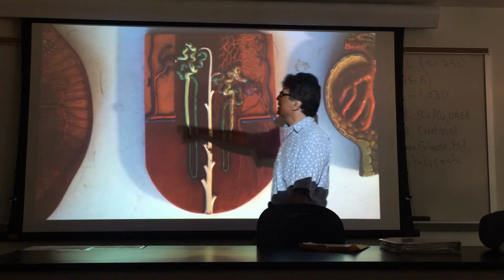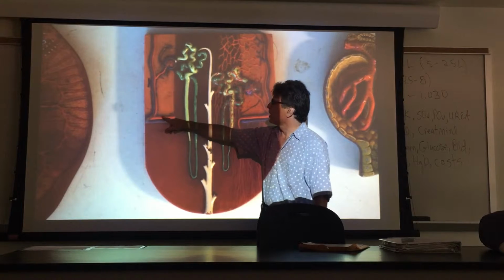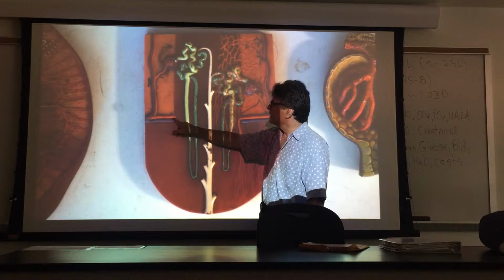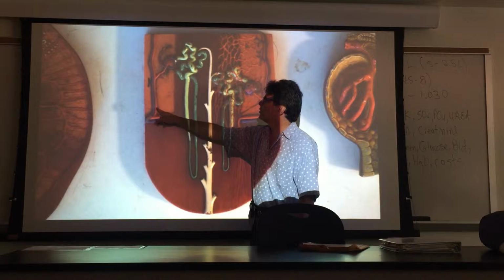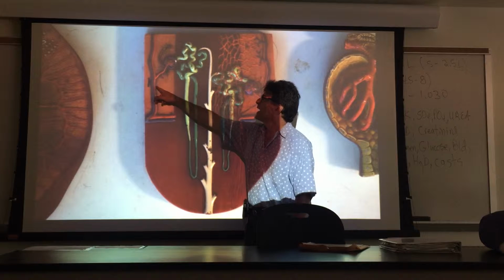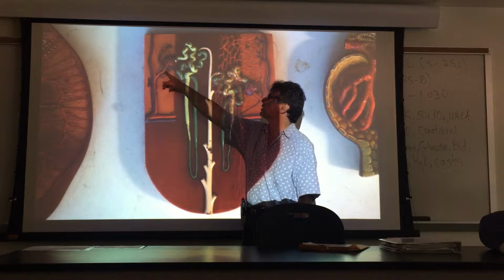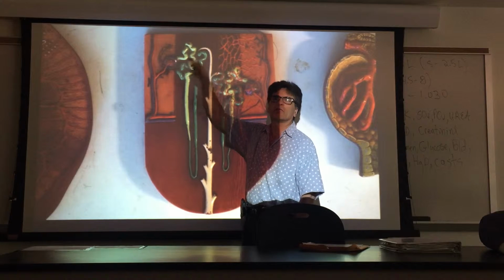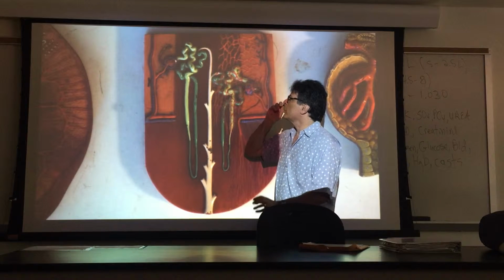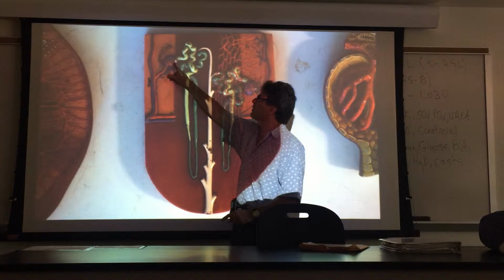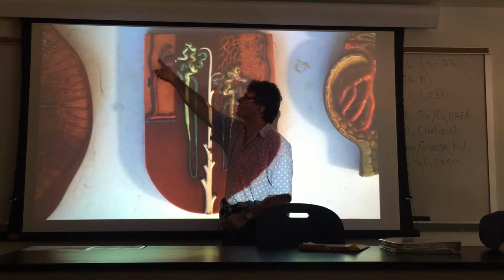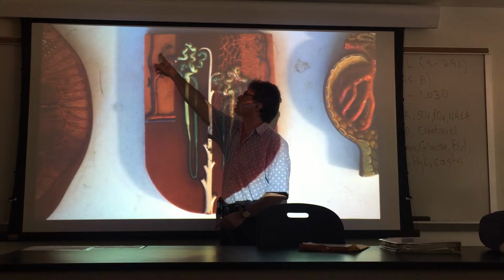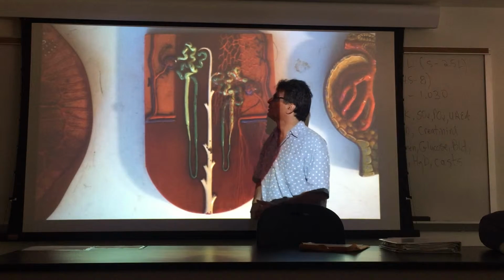So here is the cortical radiant artery, here is the arcuate artery, gives off a cortical radiant branch, and an afferent arteriole comes off of there, goes into the renal corpuscle. The renal corpuscle consists of a glomerular capillary bed that's drained by another arteriole. This would be the efferent arteriole.